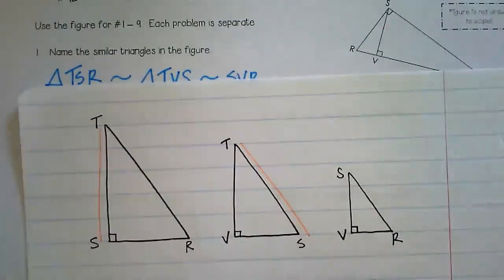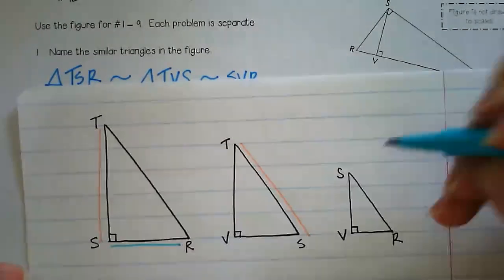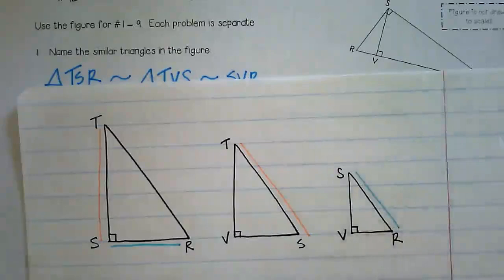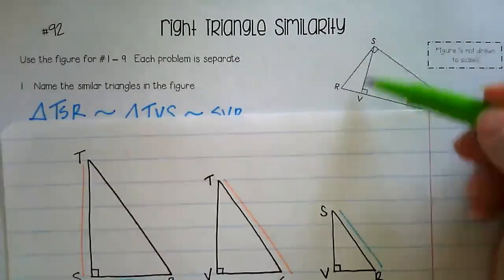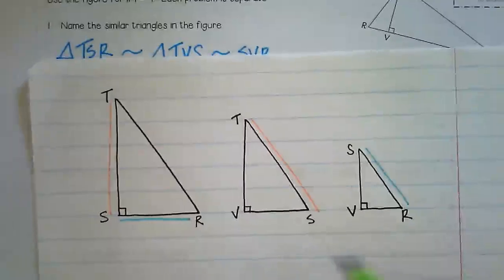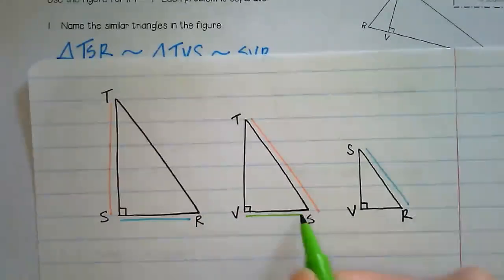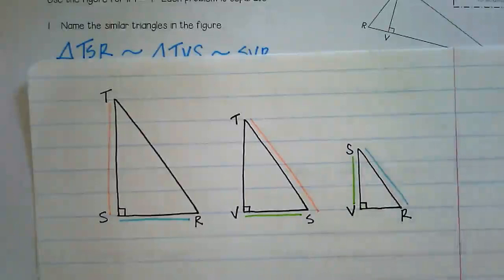And then I know that Papa Bear's short leg is Baby Bear's hypotenuse. So I know those two. And then I also know that Mama Bear and Baby Bear share a side, because that's the altitude that we split down. So Mama Bear's short leg is Baby Bear's long leg.